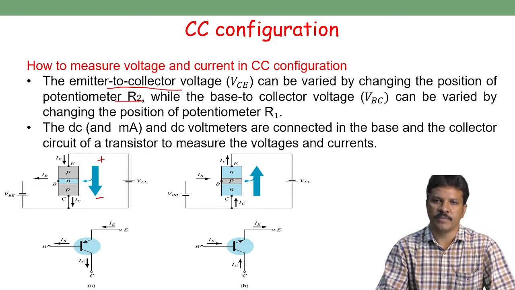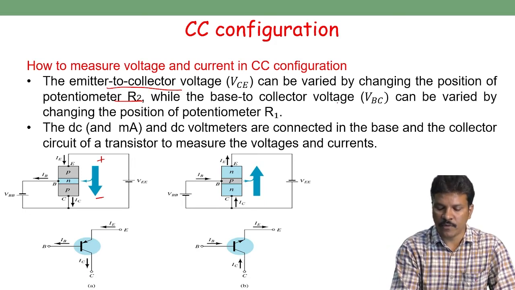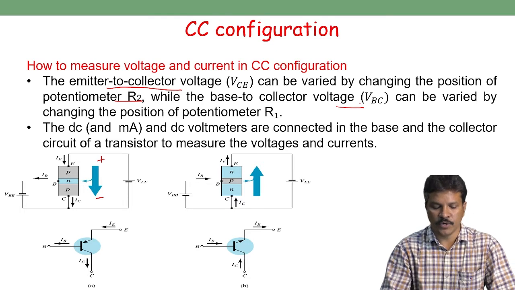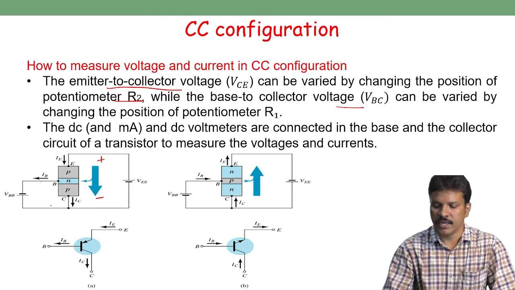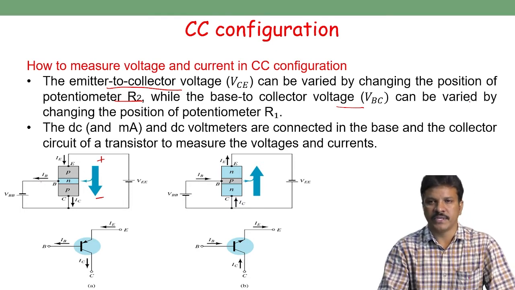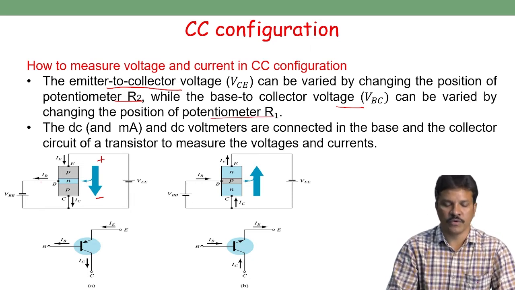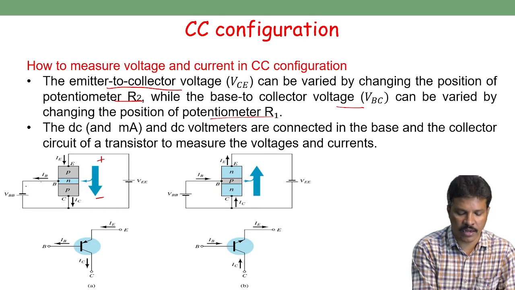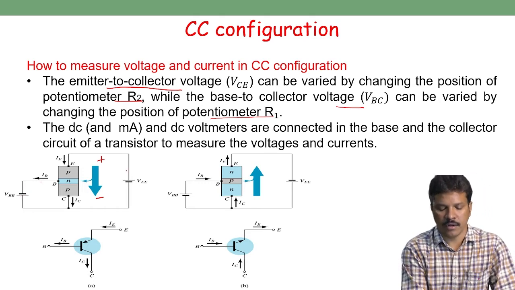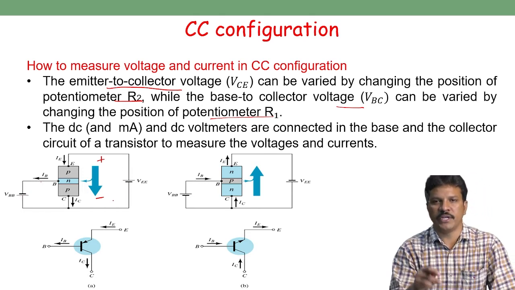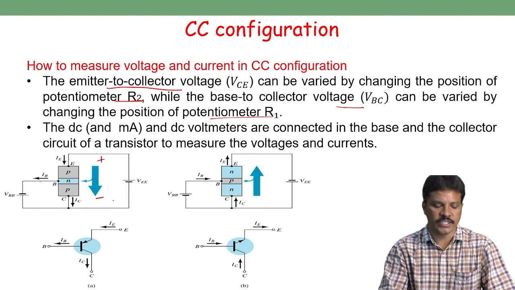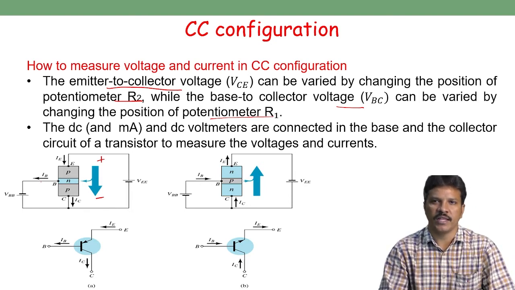The base to collector voltage VBC on the input side can be varied or measured by changing the position of the potentiometer R1. If you use a potentiometer at the battery input side and a potentiometer at the output side, by changing the potentiometers we can vary the collector to emitter voltage and the base to collector voltage.